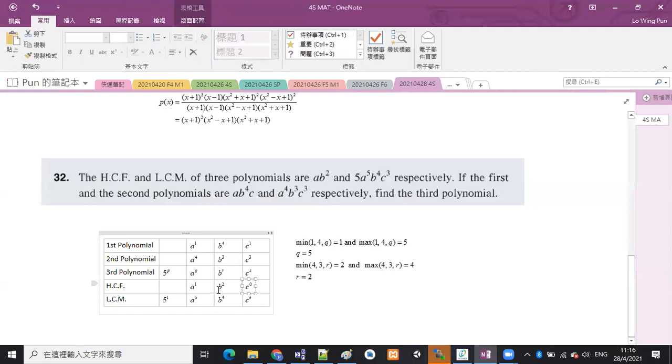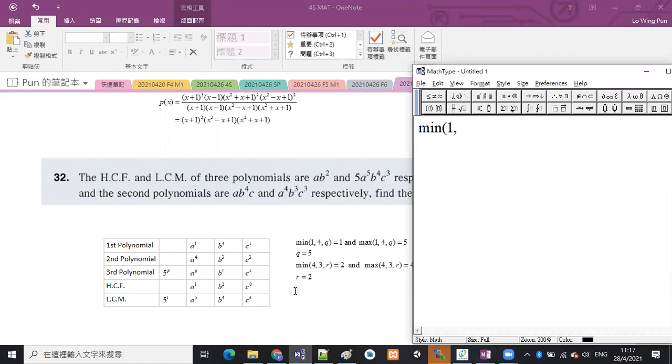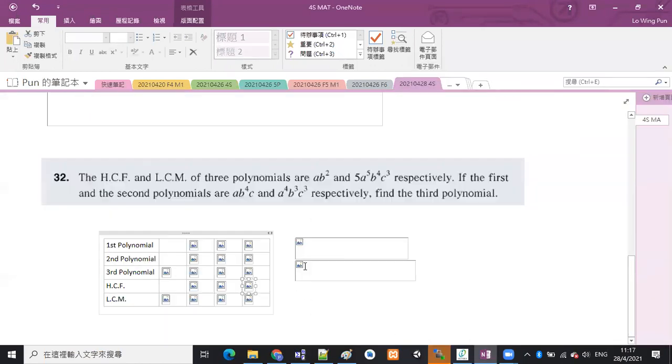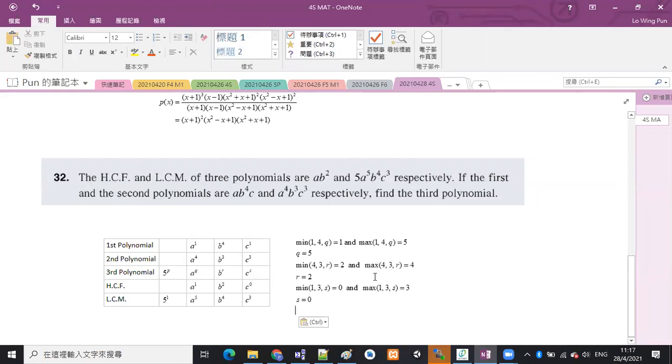Because there is no such factor, the power of c should be 0 in the HCF, which means that the minimum among 1, 3, and s should be equal to 0, while the maximum among 1, 3, and s should be equal to 3. Okay, so what should the value of s be in this condition? It must be equal to 0. No other choice. Can you see this? Must be equal to 0.